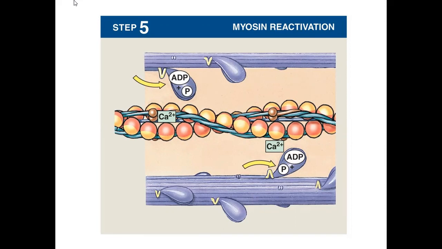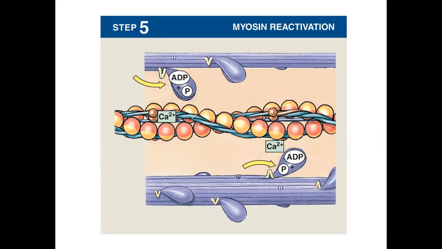All right. So as Brian was saying, when the myosin binding sites are exposed, because the myosin heads are very active and are ready to bind, they immediately bind to the exposed myosin binding sites. And when they bind, they release inorganic phosphate.